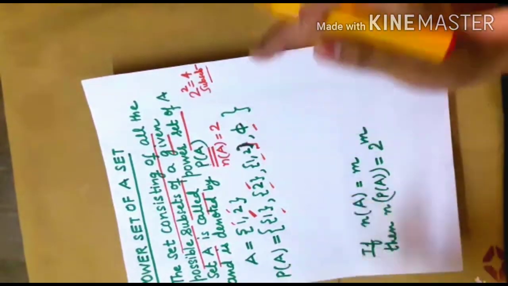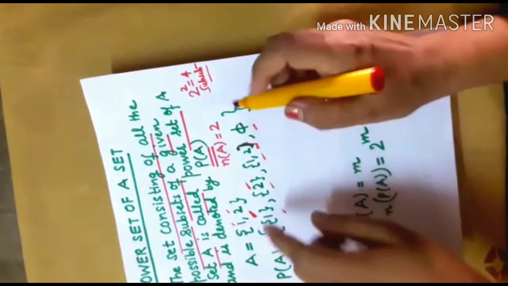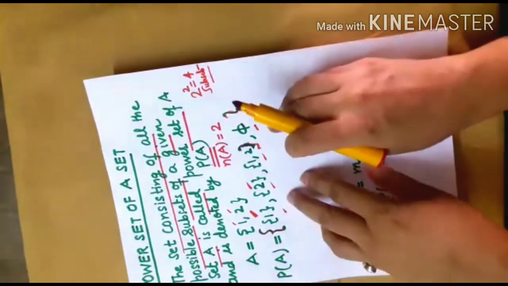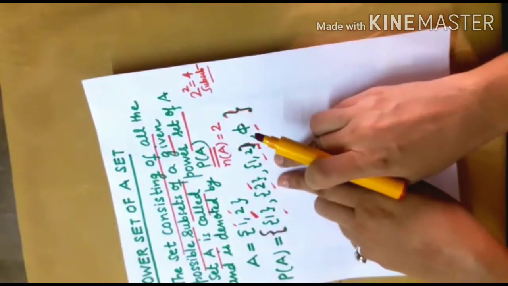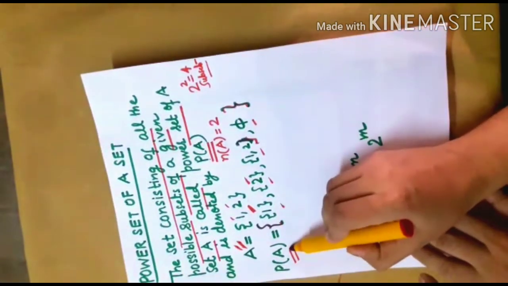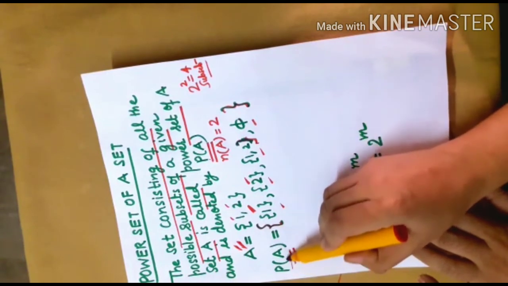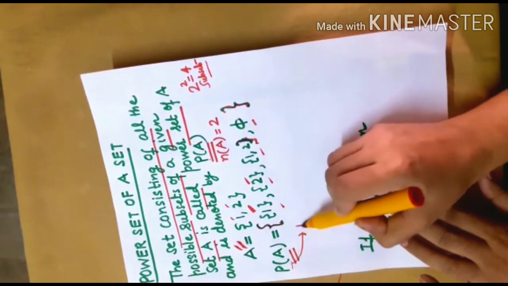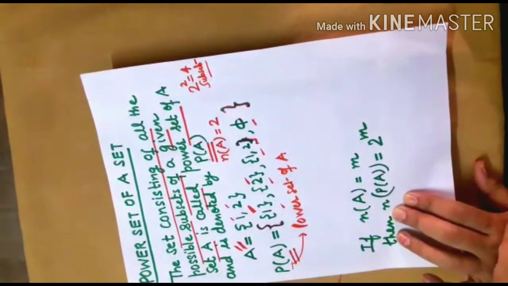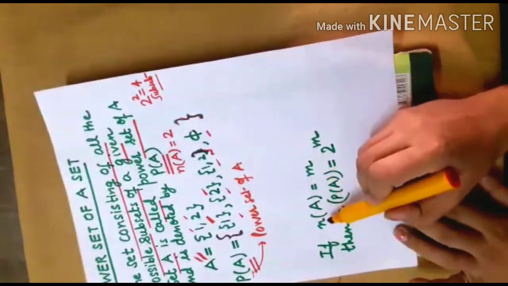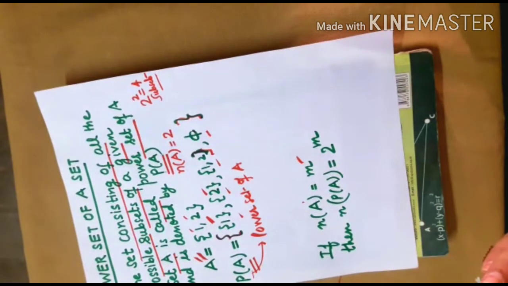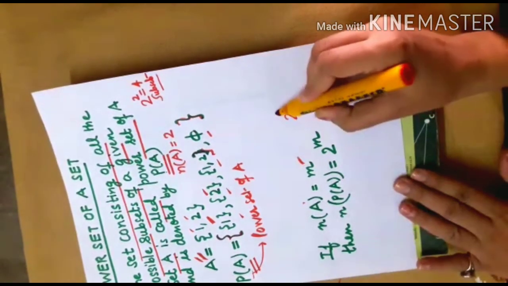Now if I collect these possible subsets and form a set, this set which contains all the possible subsets of the set A is called the power set of A and it is denoted by P(A). So this stands for the power set of A. And yes, if the number of elements in the set A is m, the total number of possible subsets will be 2 raised to the power m.